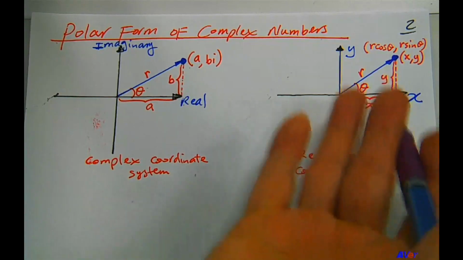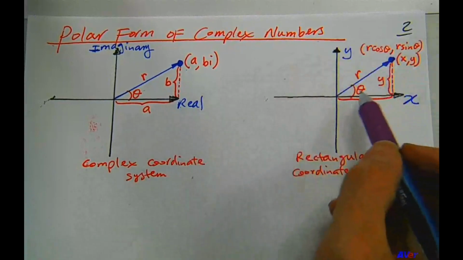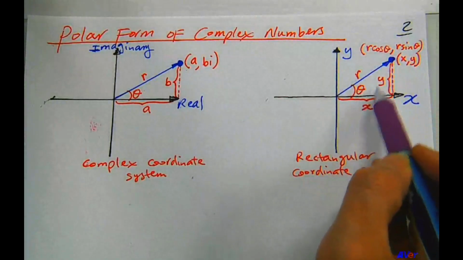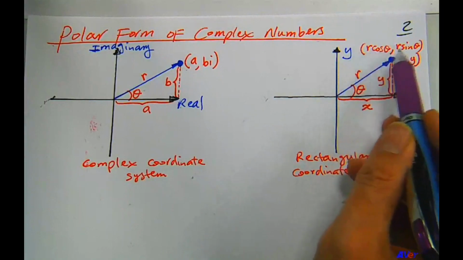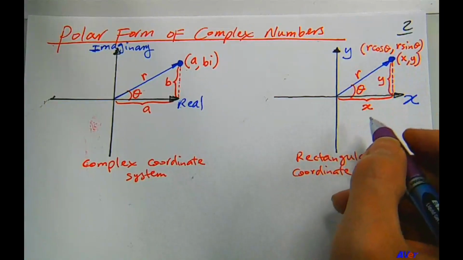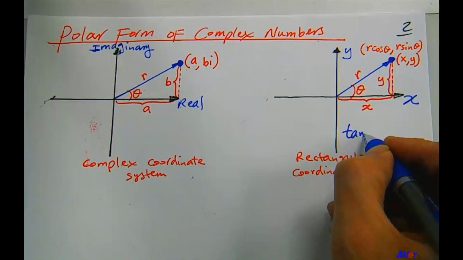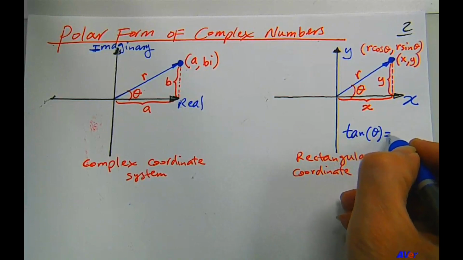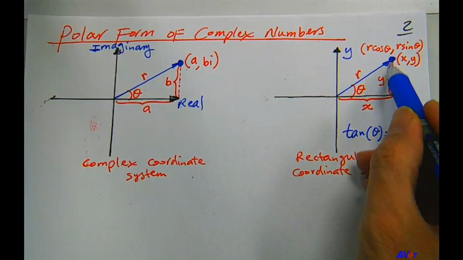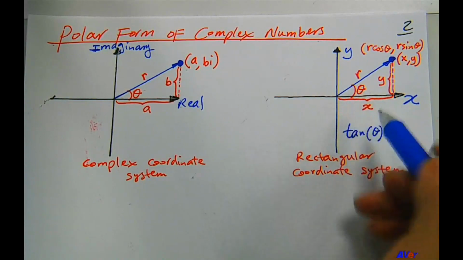Okay, what else do we know about the connection between the rectangular coordinate system and the trigonometric functions or polar coordinates? Well, we also knew that tangent of theta is equal to the opposite side to this angle divided by the adjacent one, right?